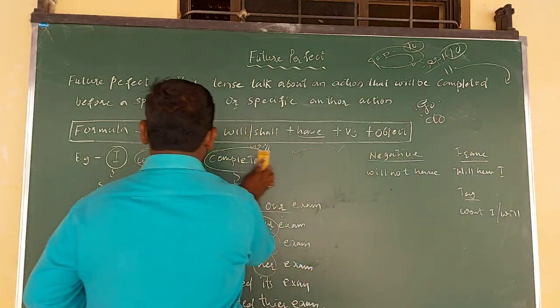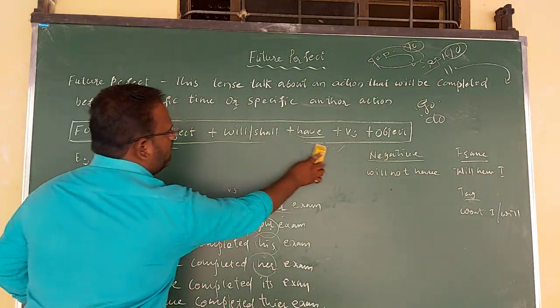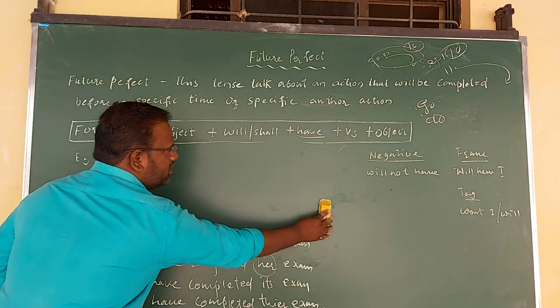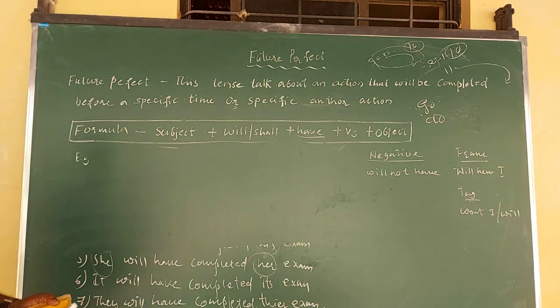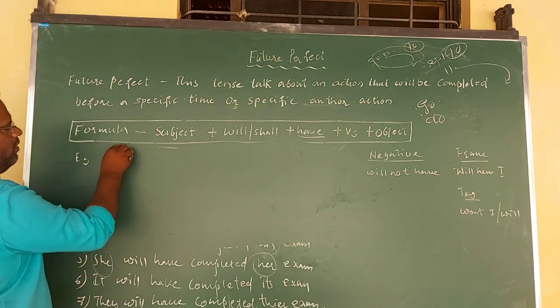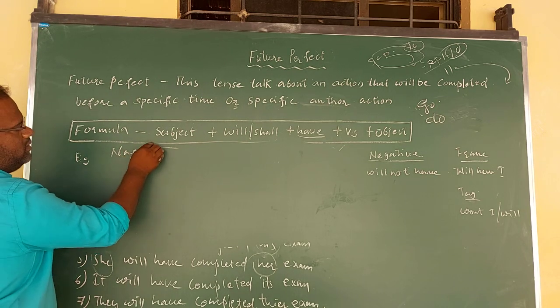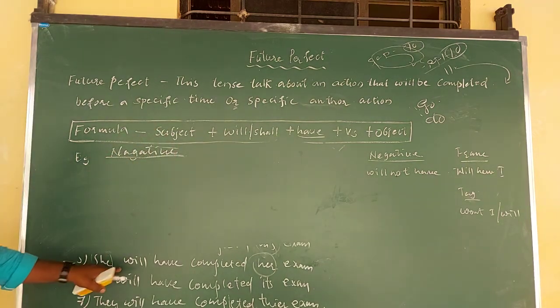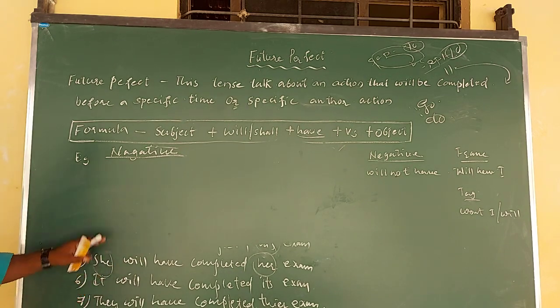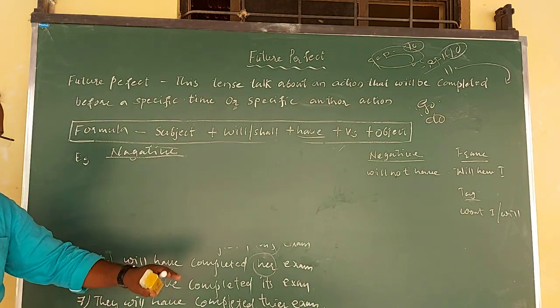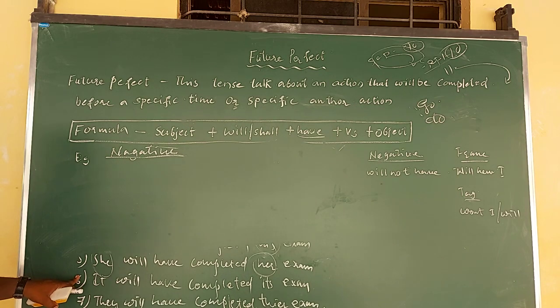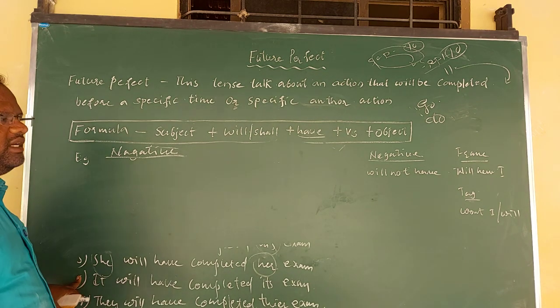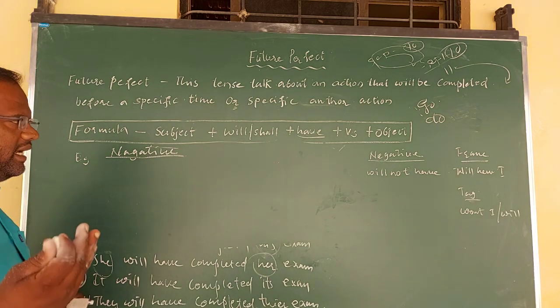So from positive to negative, how do we make negative sentences? Let's focus on this. Let's take an example of a negative sentence. We will take any one positive sentence and make it negative. I will have completed my exam. This is the positive sentence, and if I want to make it negative, how will I do it?